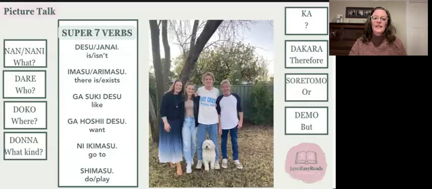So by discussing the images, the students can connect with what we're talking about, and this really does boost engagement and motivation and interest.